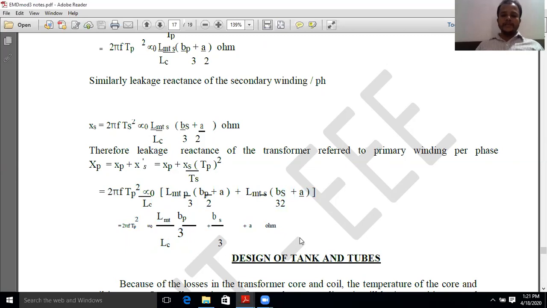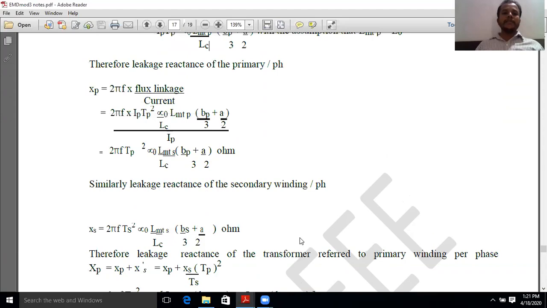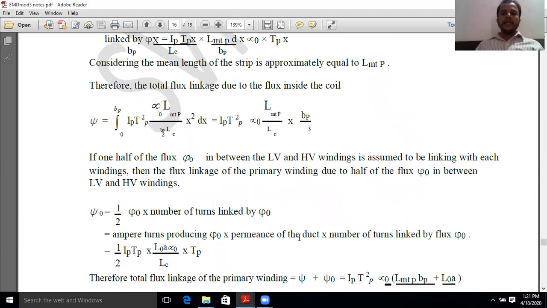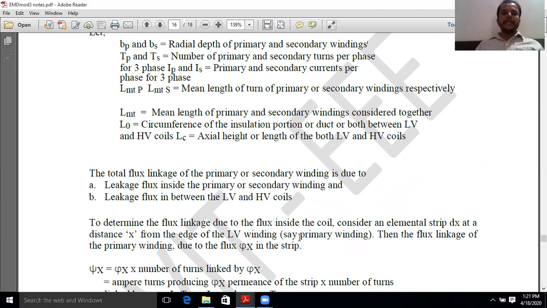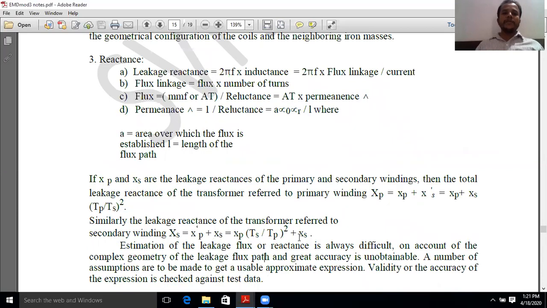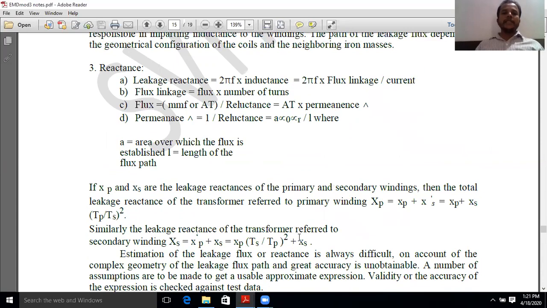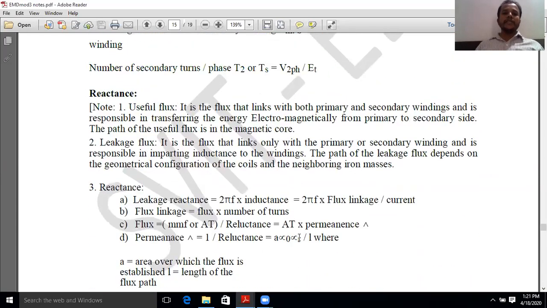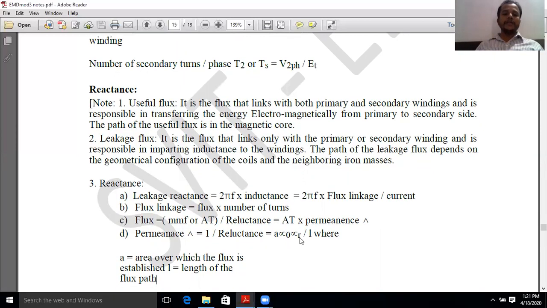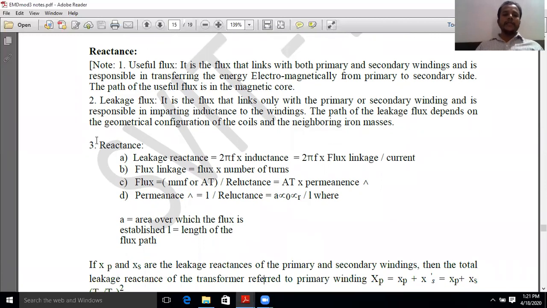So in this case, what we did here, we have just stated some points regarding the leakage reactance, because we knew that whatever the flux linkage in the particular transformer is, it is not complete, because this will be stated with the help of considering the leakage reactances. So we have considered some of the points here about the reactance.